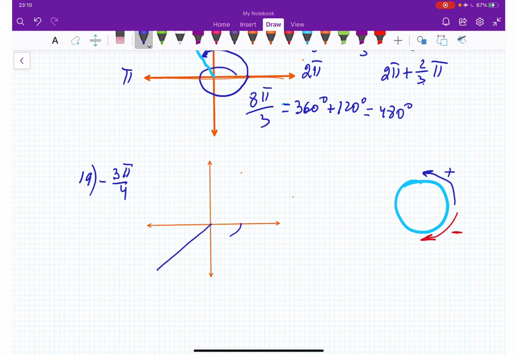1 and 2. Remember, we are working with negative, therefore it's coming this way, correct? Therefore I am breaking it into 4 parts, 4 pieces, 1, 2, 3, 4, yes? And picking only 3. So my angle is going to be right this.